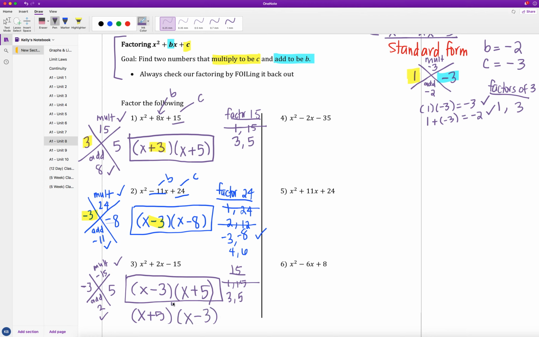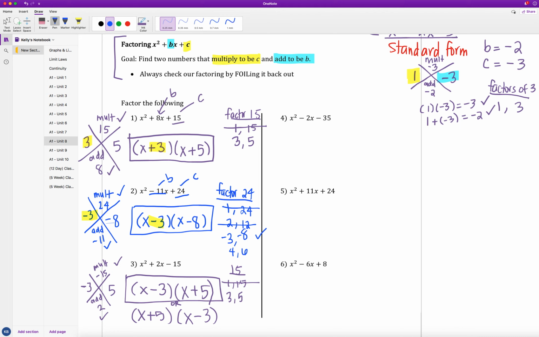So either of these are correct answers because multiplication is commutative, so the order in which we write the factors does not actually matter. Same thing with example 1 and example 2. I could have flip-flopped the order that I wrote them in. And that will hold true for all the rest of these problems. I'm just going to write one answer for each one of these, though, as we keep going on.